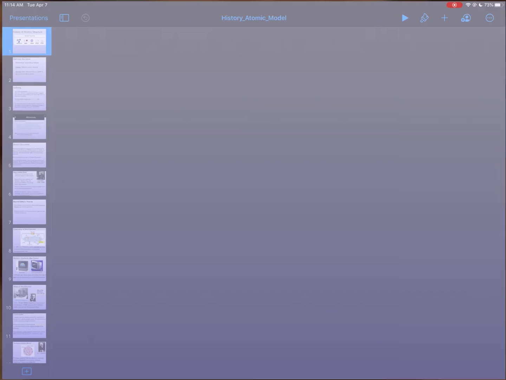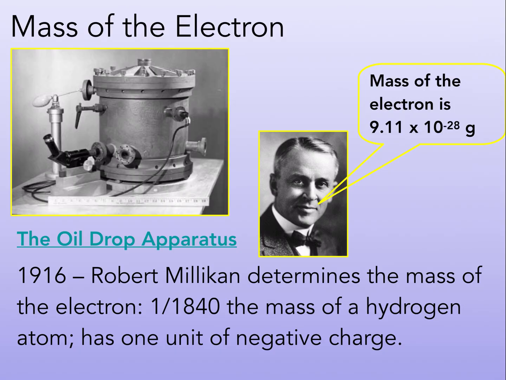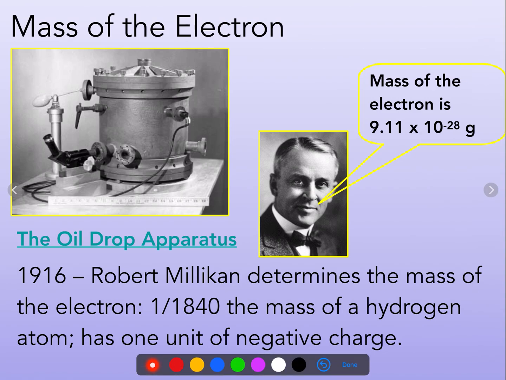So if we go back, he was able to determine that compared to a proton, the mass of an electron was that ratio. So it was 1/1840th of a proton. Okay, so when you think about atomic mass units, and I'll just draw up here, one proton is equal to one atomic mass unit.